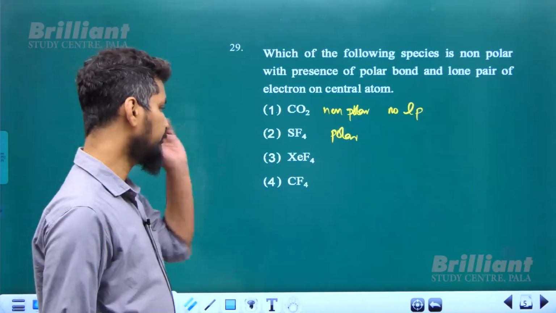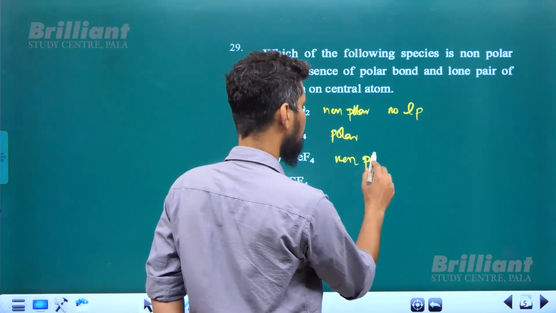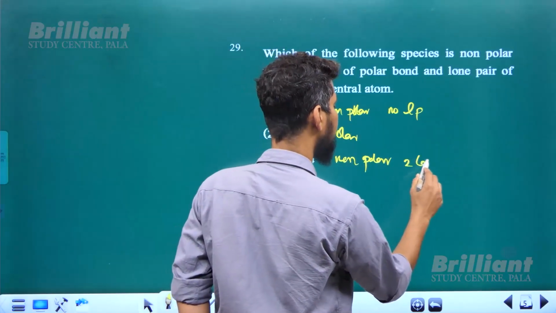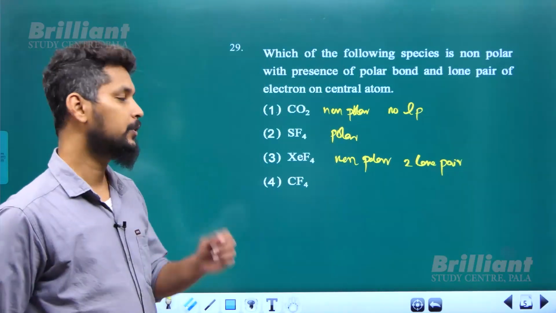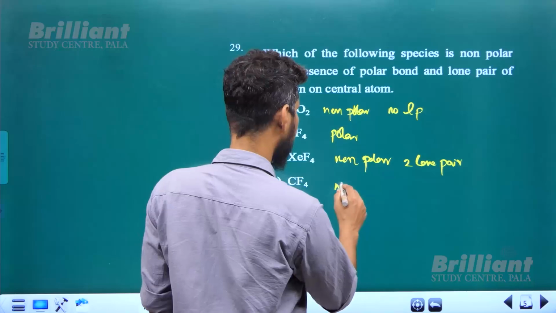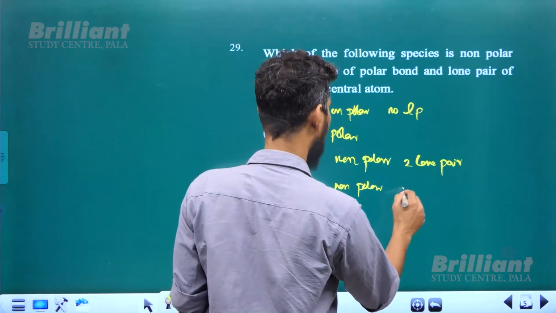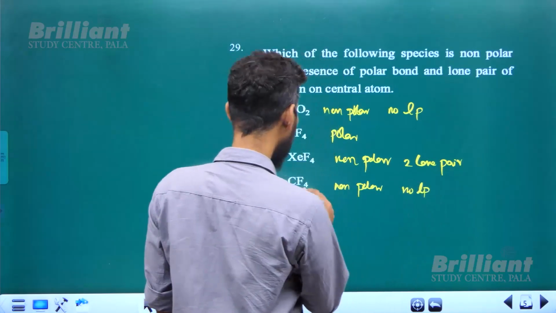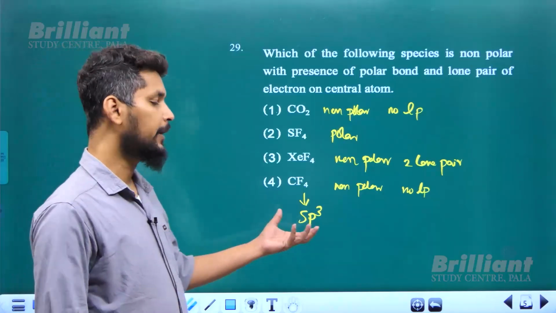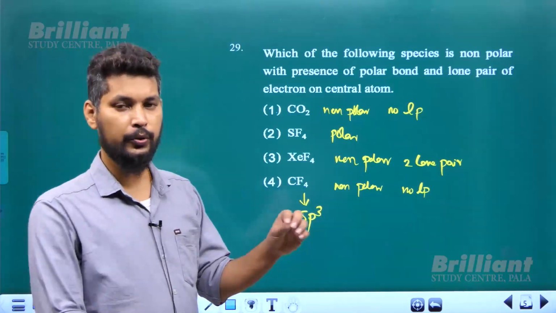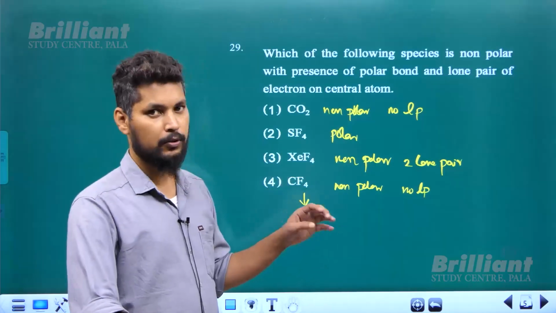XeF4 is basically non-polar, and it has 2 lone pairs of electrons. CF4 is non-polar, and no lone pair. Because the hybridization is sp3 and tetrahedral, it is a symmetrical molecule, so its bond moments will get cancelled and there is no lone pair of electrons on carbon.